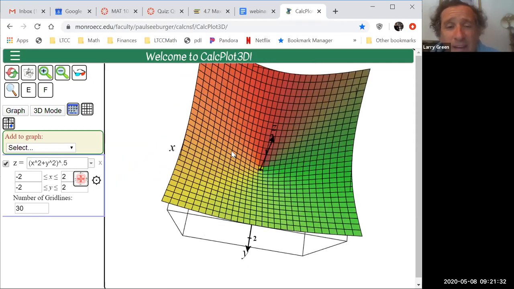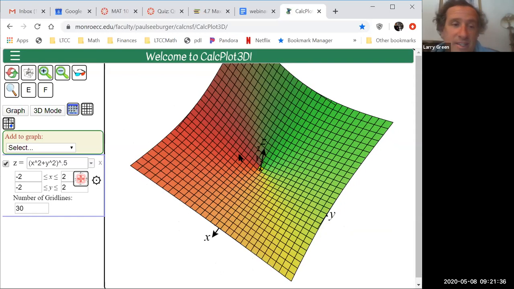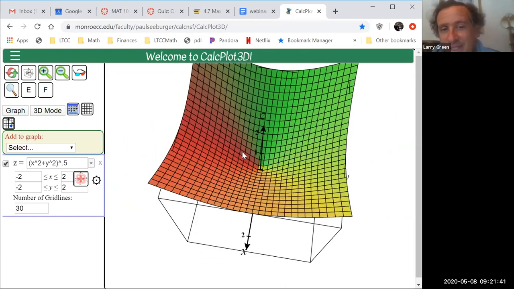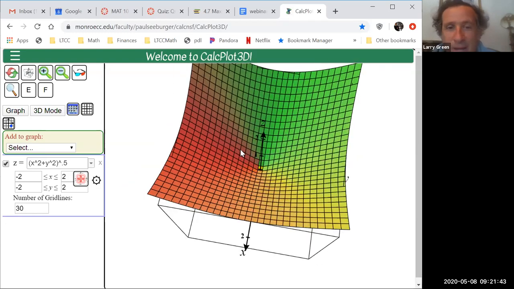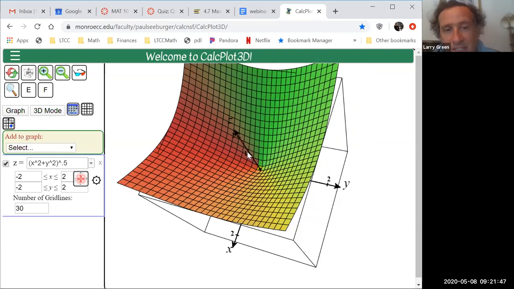Does this one have a minimum? What do you think? Visually, do you see a minimum? There's a bottom. It appears so. Yeah, this one definitely has a minimum. It's at the origin.